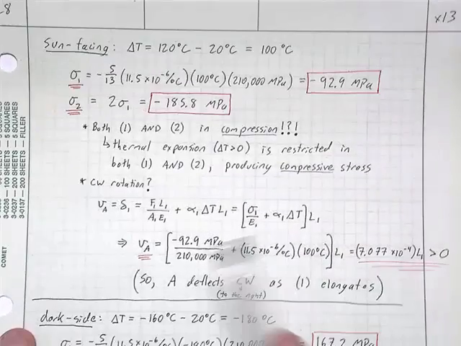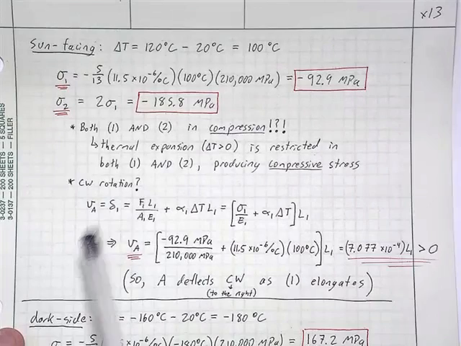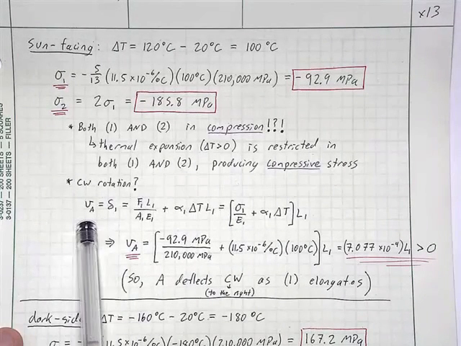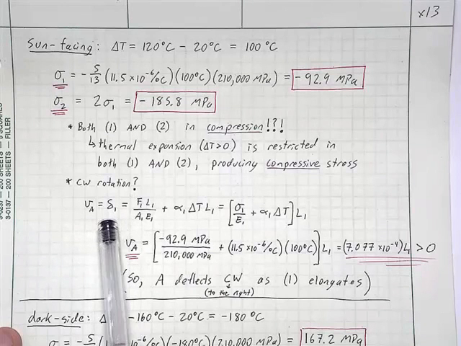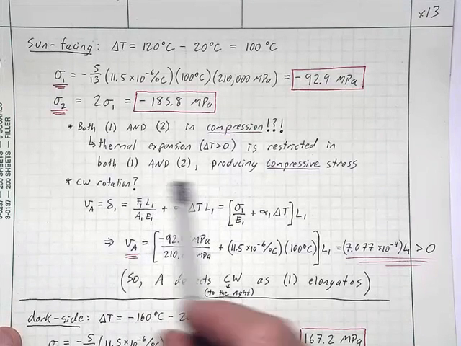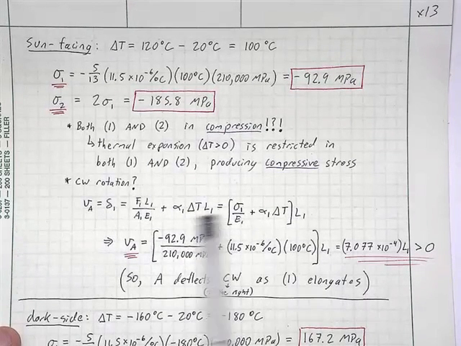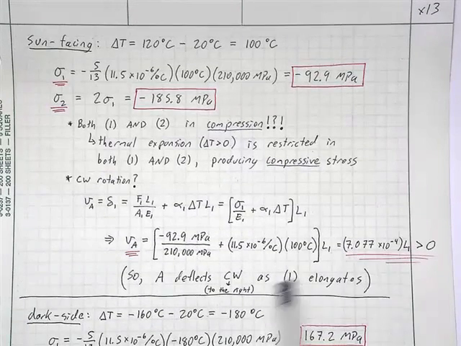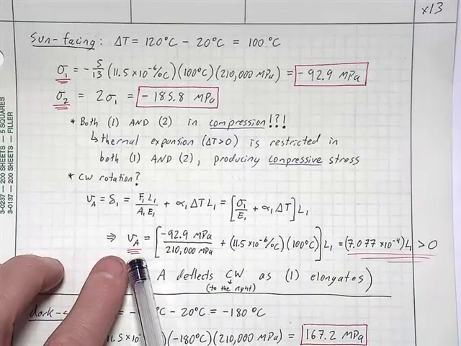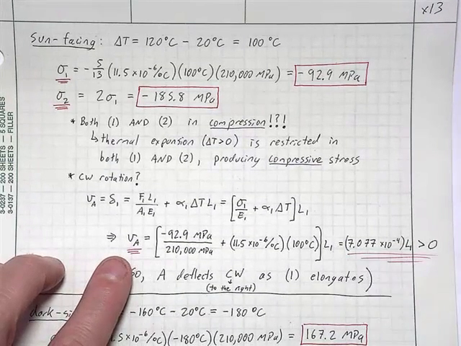All right? The other thing is, is it a clockwise rotation? Well, we can just calculate what the deflection at A is, and because it's just the deformation in 1, the deformation in 1 is given by its force temperature deformation relationship. We can just plug all the values in, and we find that in this case the deflection at A is a positive quantity, right?